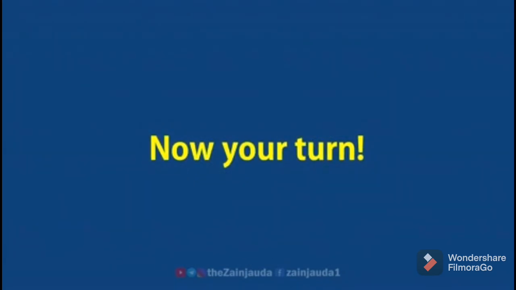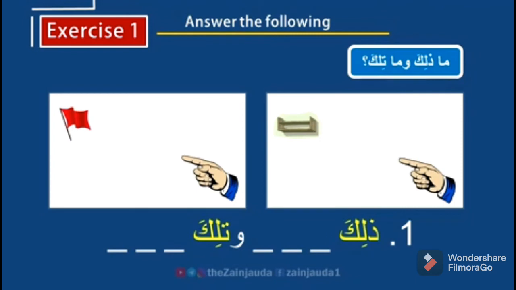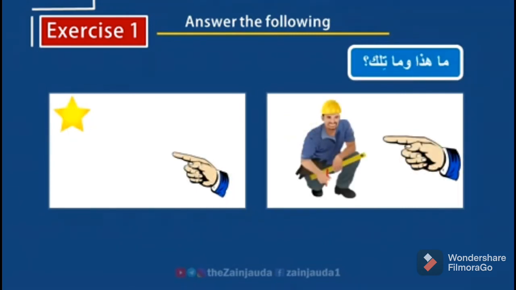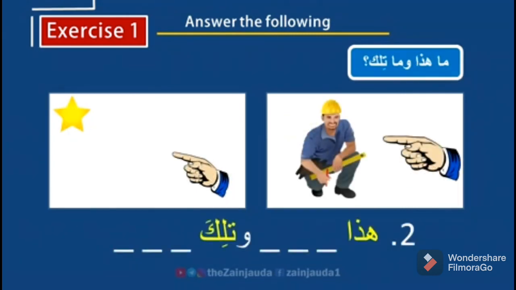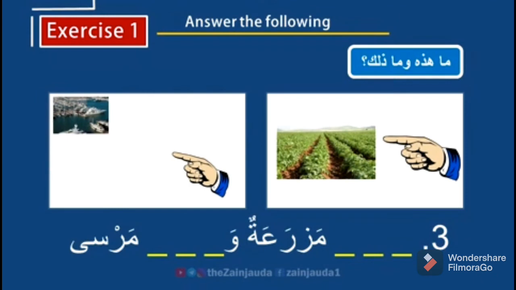Now your turn. Please try to do the following and add your answers in the comments or in the group. Exercise number 1. ما ذلك وما تلك. ما هذا وما تلك. ما هذه وما ذلك.